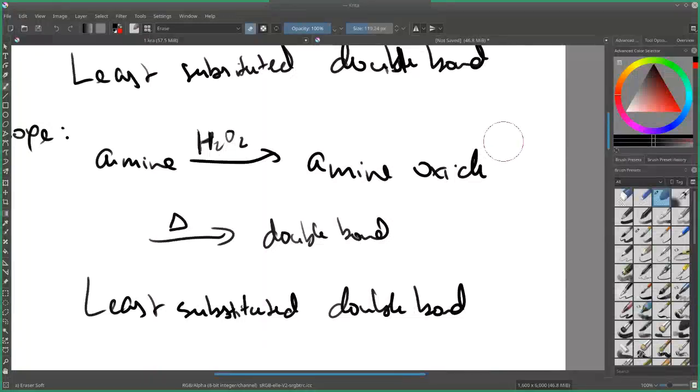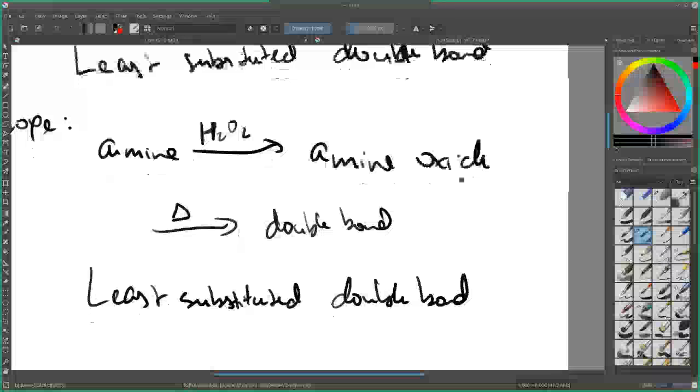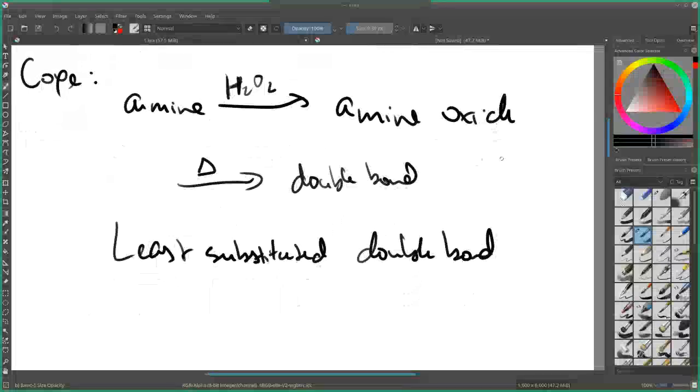Hydrogen peroxide is nice because in this case it won't really go too far. Whereas if you blasted the thing with potassium permanganate, then you can expect that this wouldn't give you the right conditions to do the Cope elimination. Cool, thanks.